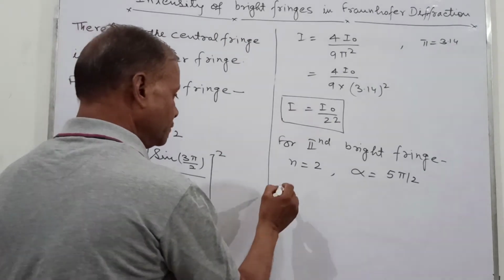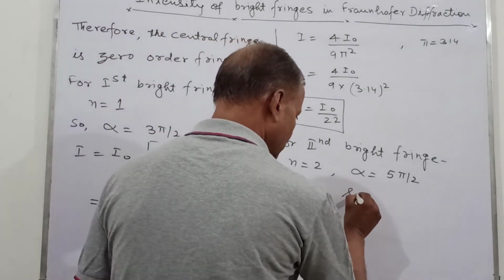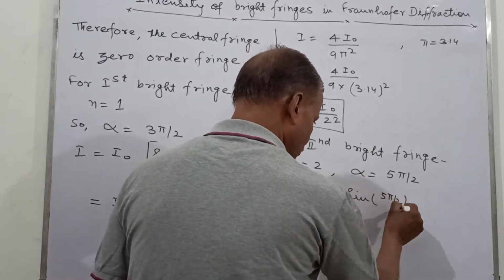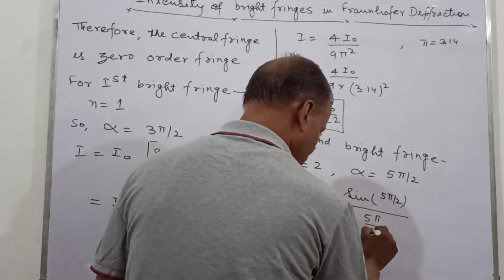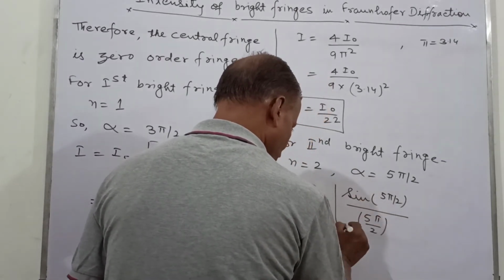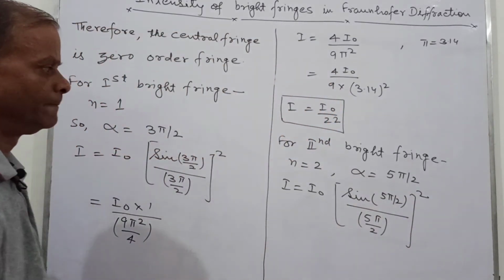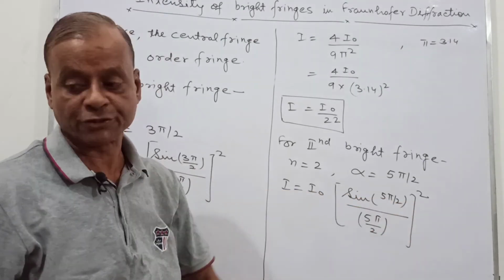Again we put the value, I equal to I naught sin 5 pi upon 2 upon 5 pi upon 2, and this is now whole square. This is again the value minus 1, then this being the square, it will be plus 1.